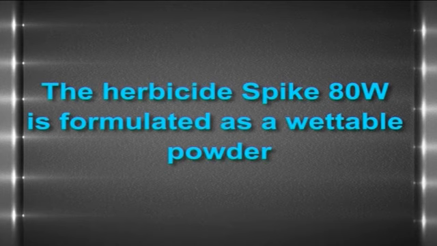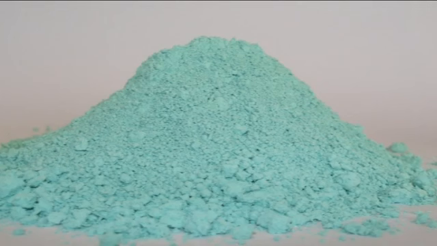A herbicide, Spike 80W, is formulated as a wettable powder. This product forms a suspension when mixed with water for the application as a spray. Label information describes the need for sufficient agitation to keep the product dispersed in the spray tank.